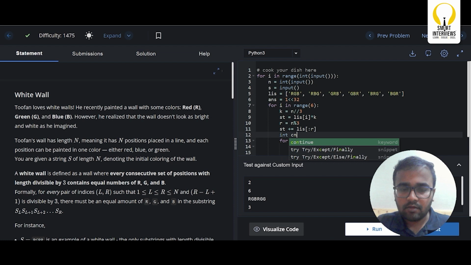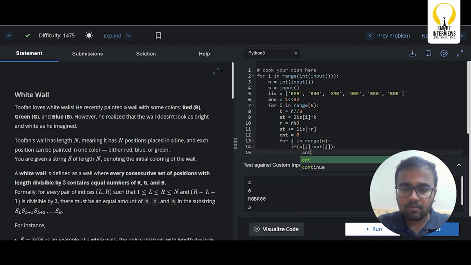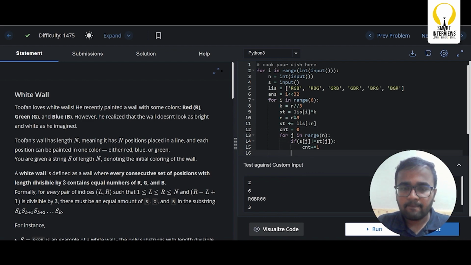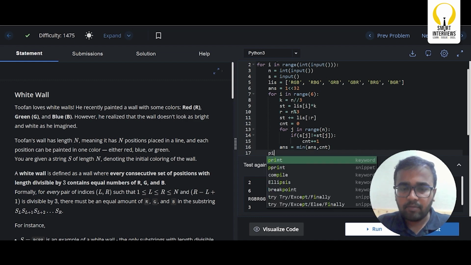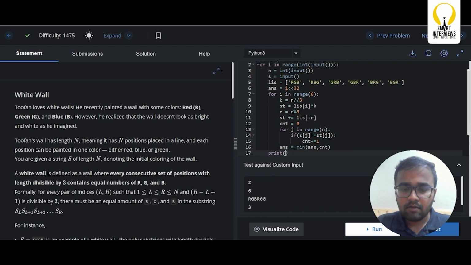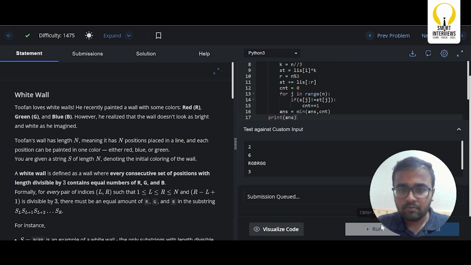So let us take the number of operations. Now among all the patterns, whichever is giving you the minimum count, take that as your answer. Only print your answer.